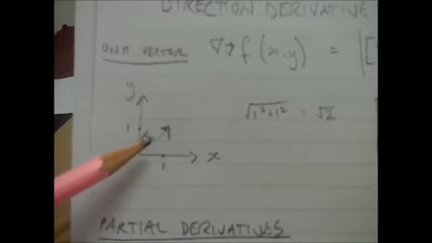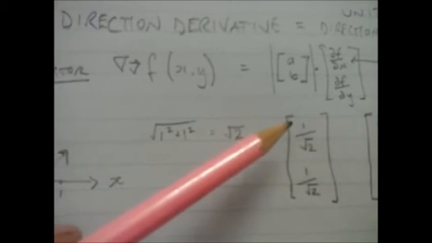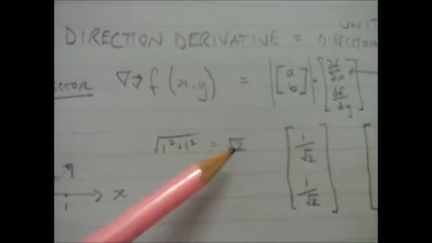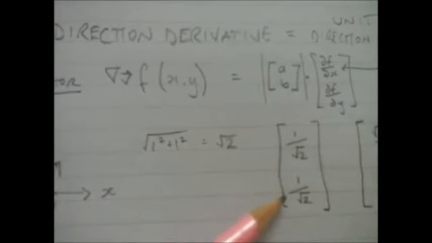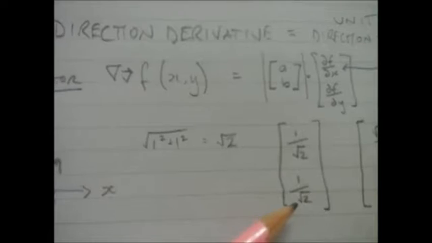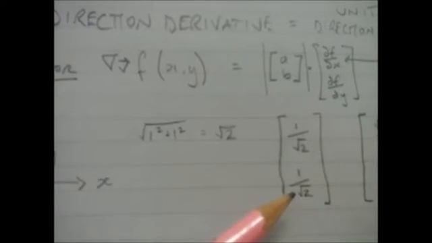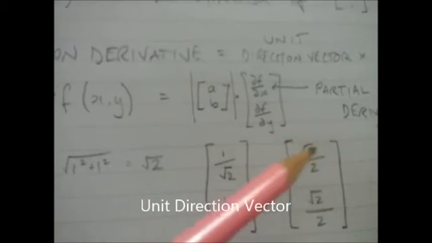I need to shrink it so that its length becomes 1. So how do I do that? I take the values of it and divide by the length of the vector. So it's 1 over root 2 and 1 over root 2. I don't like having roots in the denominator, so I'm going to rationalise the denominator and we end up with this.